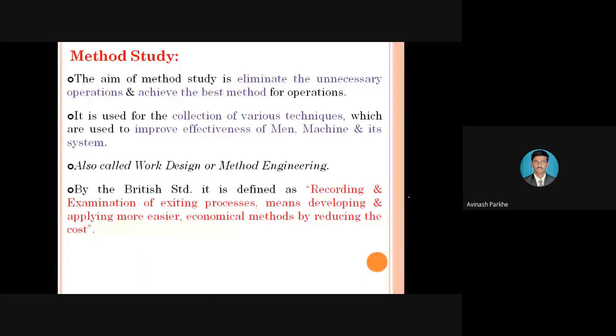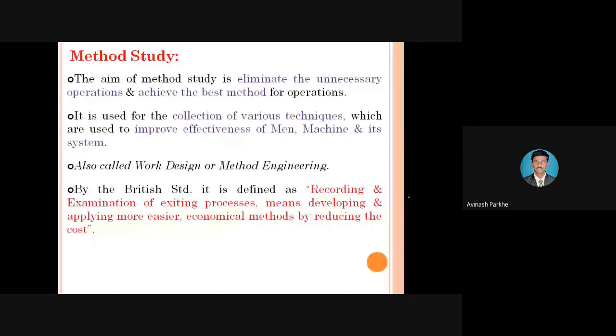So, method study means it is used to eliminate unnecessary operations. This is the basic use of this concept of method study. And in addition to that, in method study, we apply various types of recording techniques in order to improve the effectiveness of man, machine, and system.